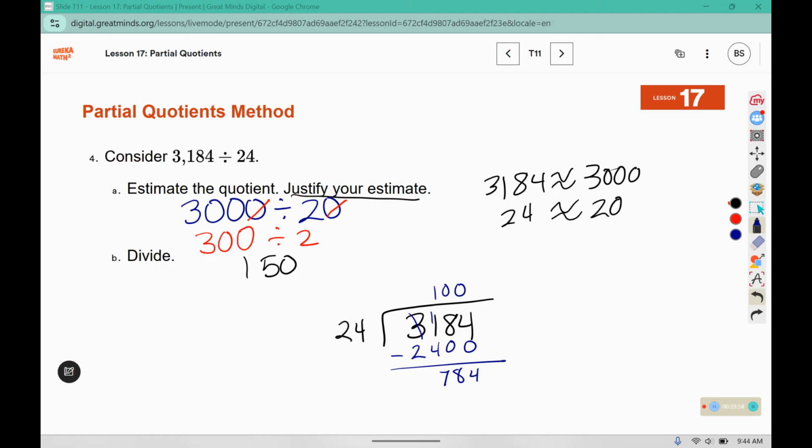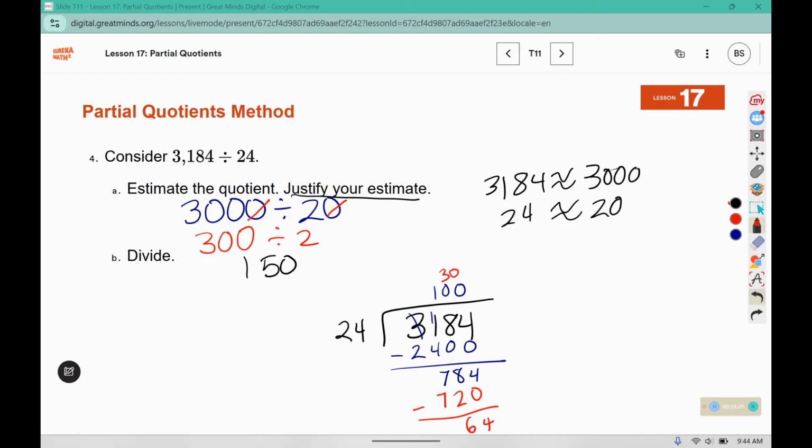If I count up by 24s, it'll be 24, 48, 72. So I'm going to fit 30 of them in there. 30 24s would be 720.